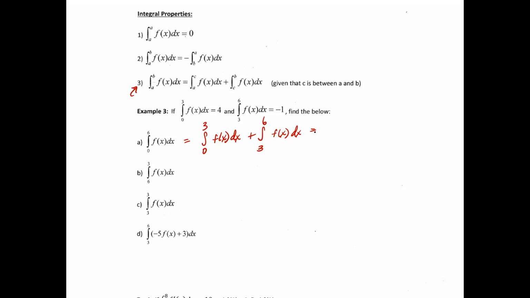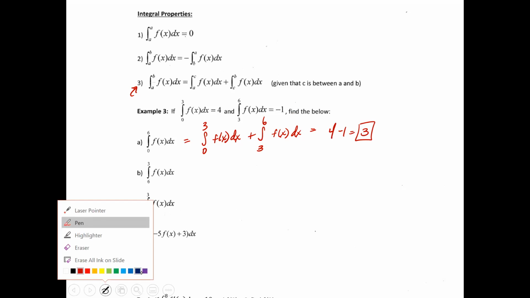Now, you know from 0 to 3, you're going to get a 4. And from 3 to 6, it's given to you that it's a -1. So you just need to be careful because you're going to add the 2. Yep, so 4 minus 1 is going to give me a 3. And that is my answer.